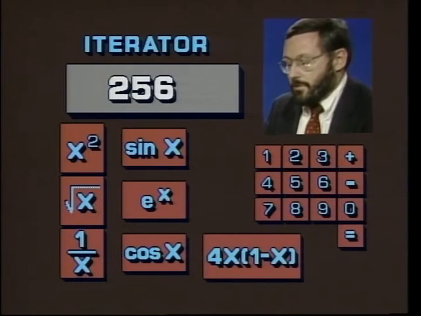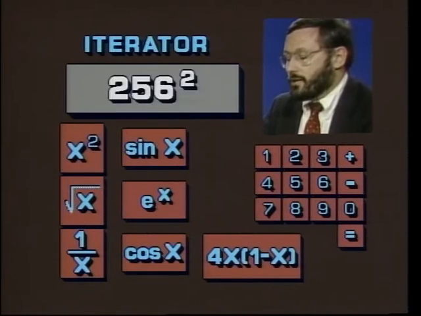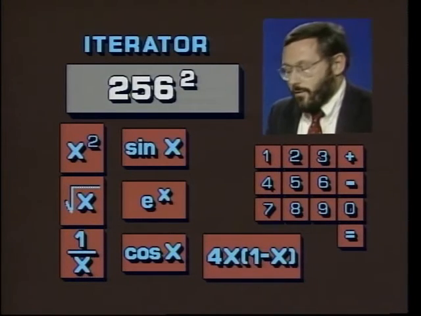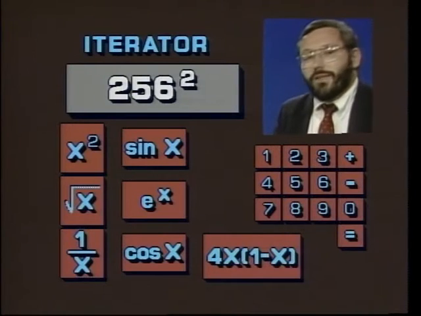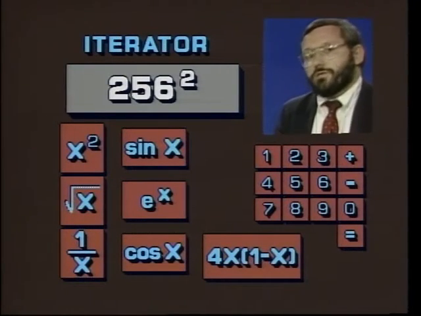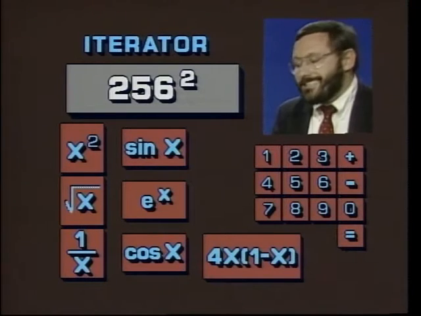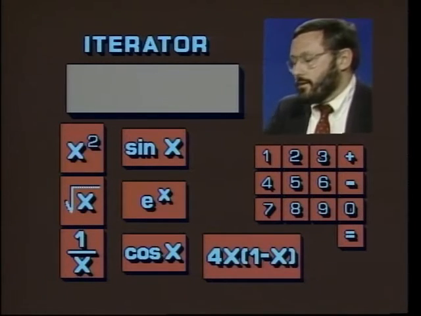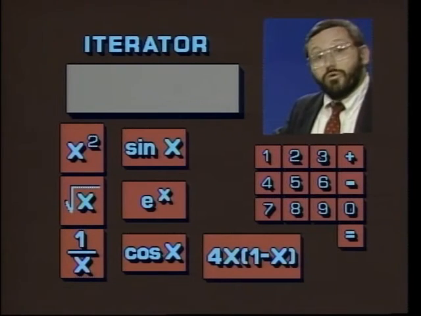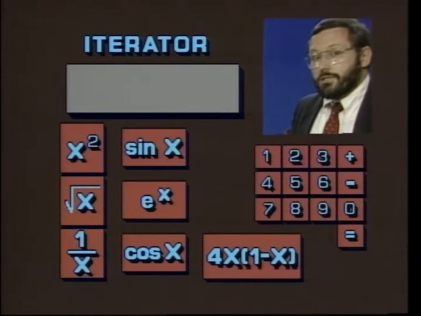You can see what happens. Square 256, you get 256 squared, a rather large number. You see that upon iteration, repeated squaring, at least if you start with a number that's larger than 1, tends to infinity. So again, that's an example of an iterative process whose behavior you could predict.